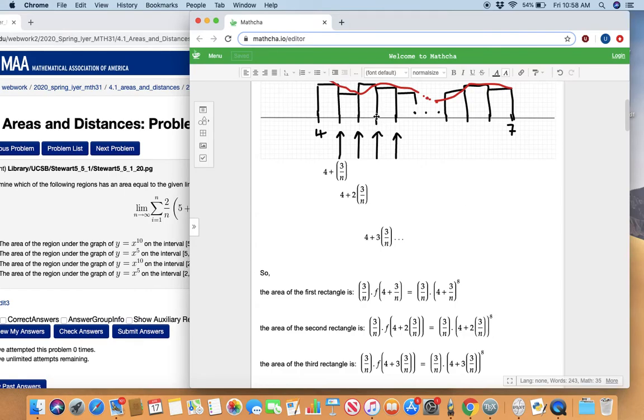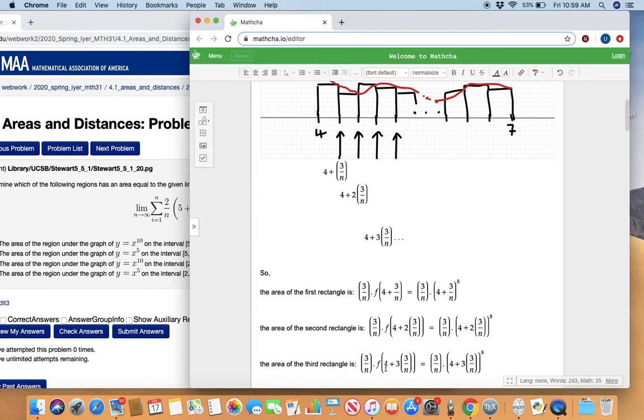In the same way, for the third rectangle, the width is 3 over n, and the height of the rectangle is given by this point, which is nothing but 4 plus 3 times 3 over n, f of that. Making f of a number ensures you have the right height.